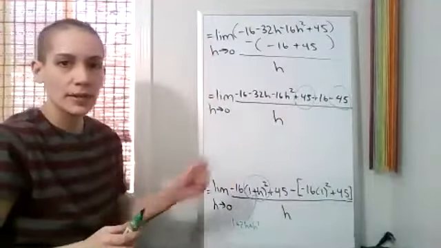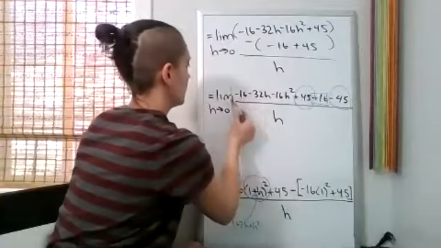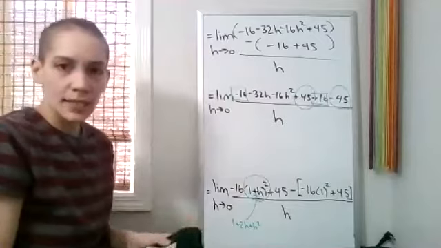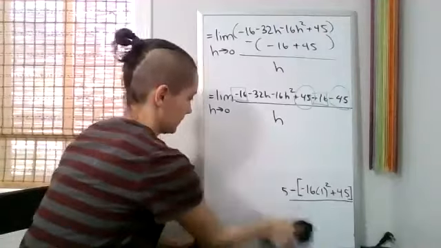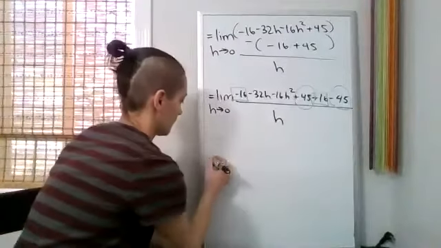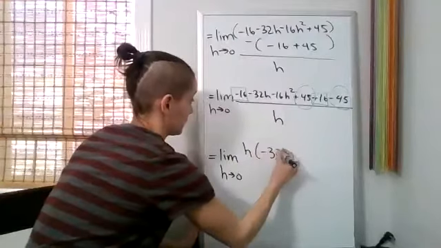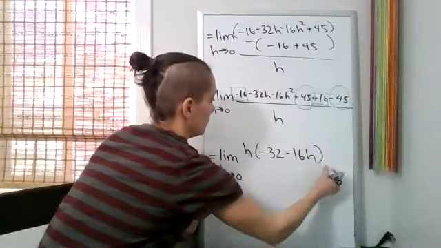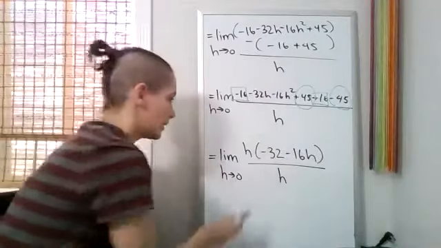Positive and negative 45. Got a negative 16, positive 16. That also adds to 0. So what's left is the negative 32h minus 16h squared over h. When I do this step, we'll factor out an h. So the negative 32 minus 16h, divide by h. Okay, h over h reduces to 1.